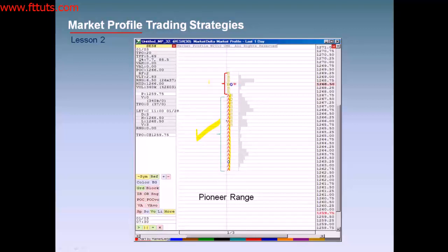The second pioneer range was when we got into the B period and we started a range extension. As we got into this range extension, prices went into some new territory. That's the first time that they hit this price range in this second pioneer range. So in this picture you actually see two pioneer ranges.